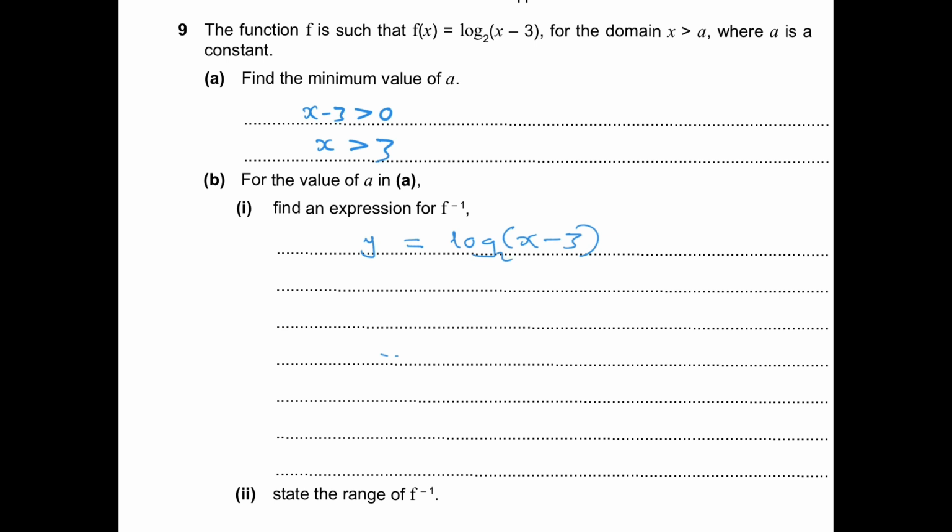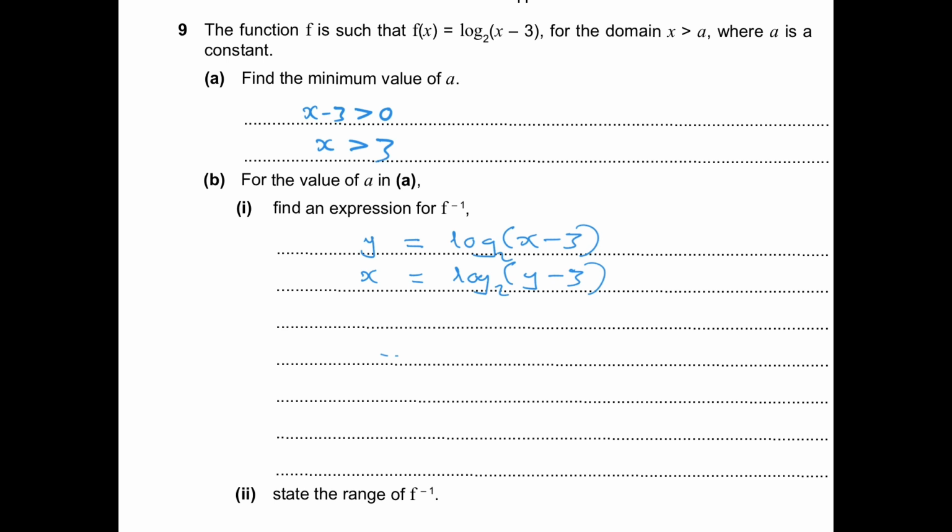base 2. All right, maybe the first thing that we need to do there is to interchange the variables. Remember the relationship that exists between a function and its inverse. The domain of the function becomes the range of the inverse function, and vice versa, of course. So that's why we actually have to interchange the variables. So here I'm going to have x is equal to log of (y minus 3) base 2.